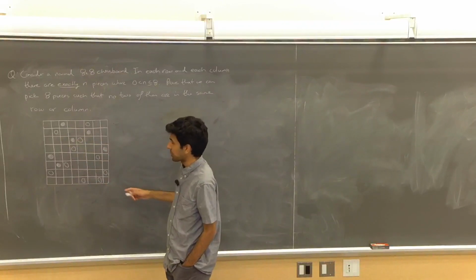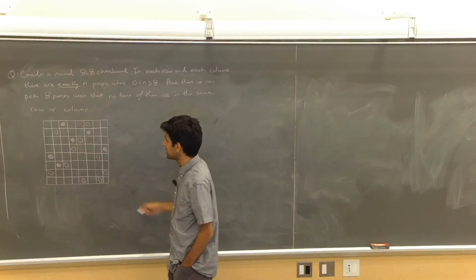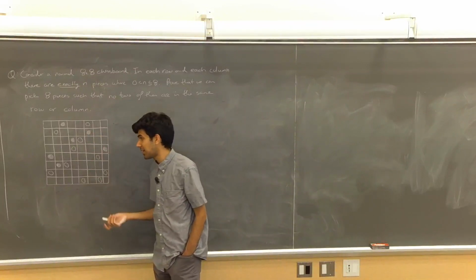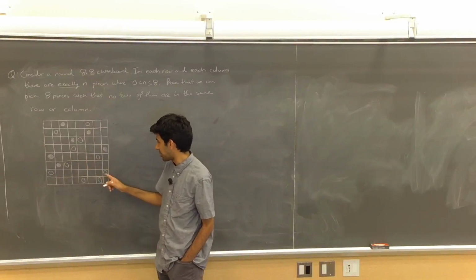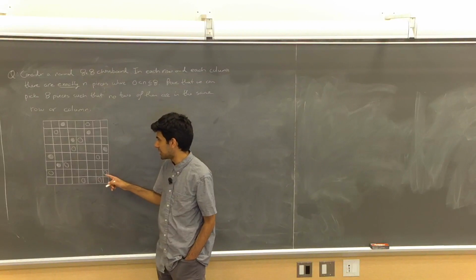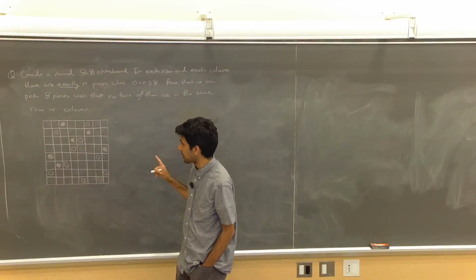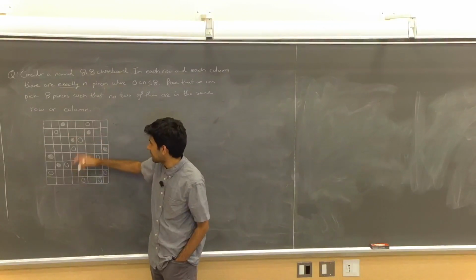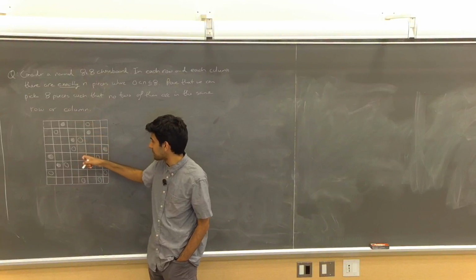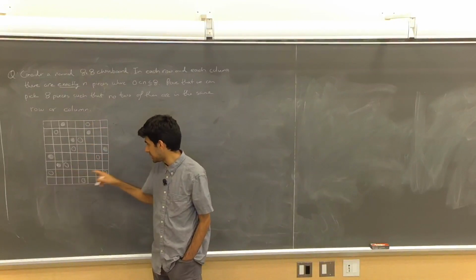But you'll quickly realize that I can't just color however I want, because when I get to this row, I can't choose either one of these. And I need to choose exactly one, because otherwise it would be in the same row or column. So anything above this, if I were to choose it, would be in the same row as something else. So my last 2 pieces have to come from one of these 4.